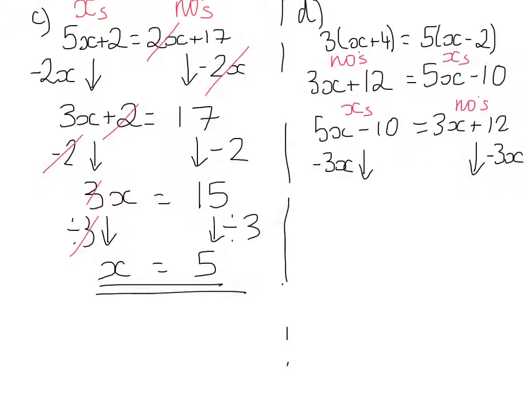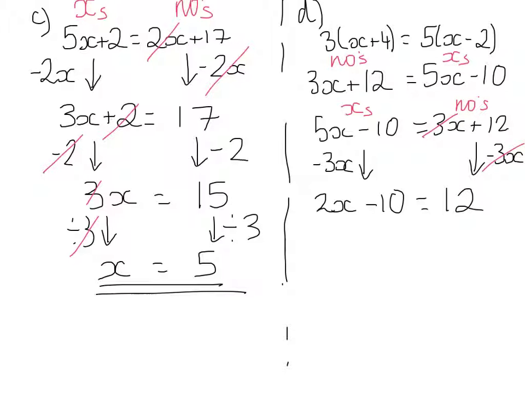So I'm going to have 5x take away 3x, which leaves me with 2x. And then I've also got this minus 10 that I've got to remember to add back in as well. Here, 3x minus 3x, so these cancel out. So all I'm left with here is just positive 12.